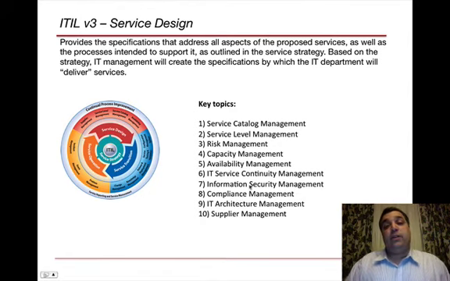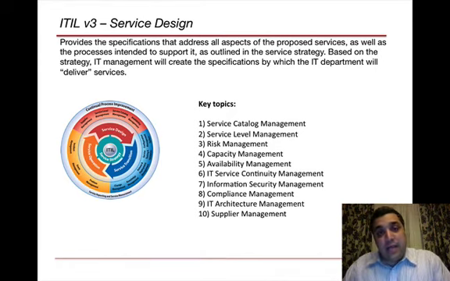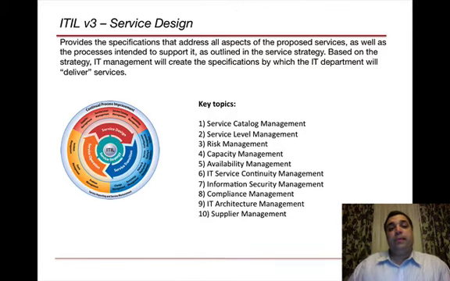If we're in a hospital and we deal with HIPAA, again, this is mostly a compliance issue. Who has access to what pieces of data, and how should they have access? How do we design the system to meet those types of requirements? It basically addresses everything about the proposed services and how they are going to be designed and ultimately be implemented.